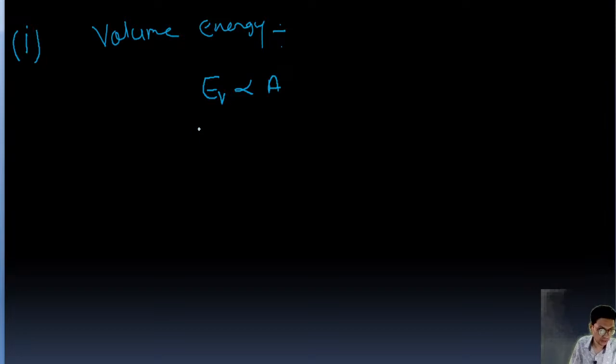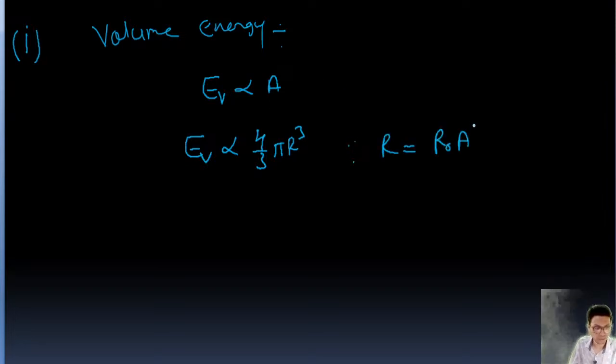Or we can write EV is proportional to 4 by 3 pi R cube, since R is equal to R naught A to the power 1 by 3, where R is the radius of nucleus.